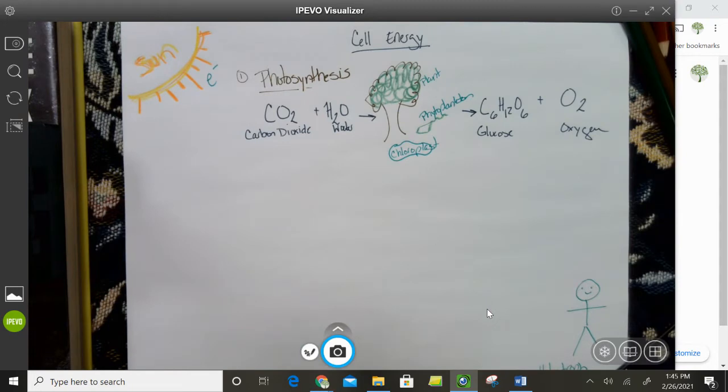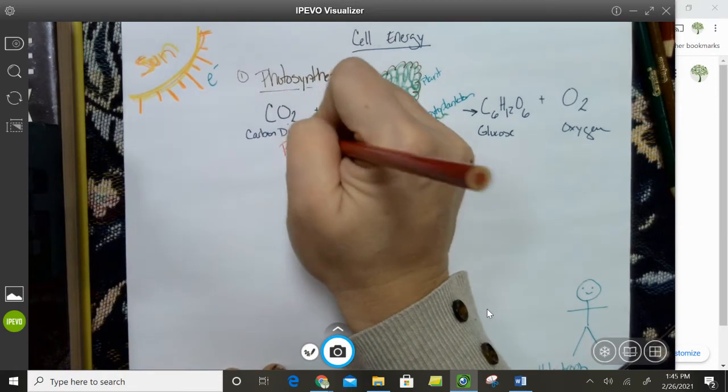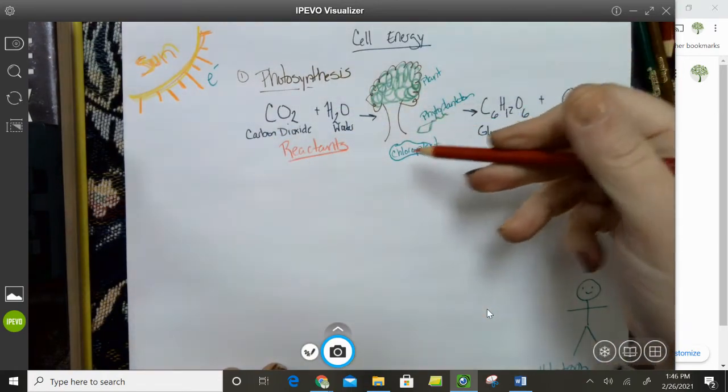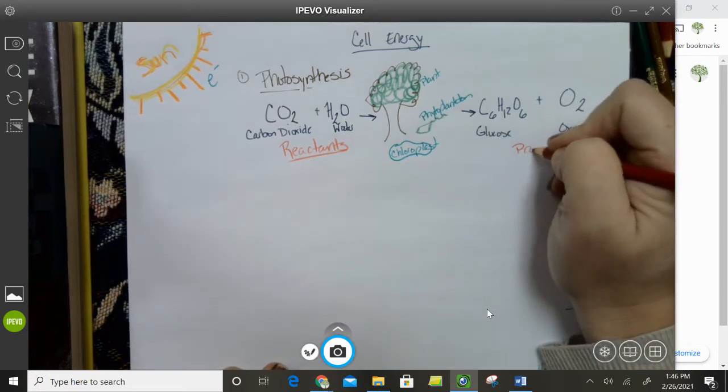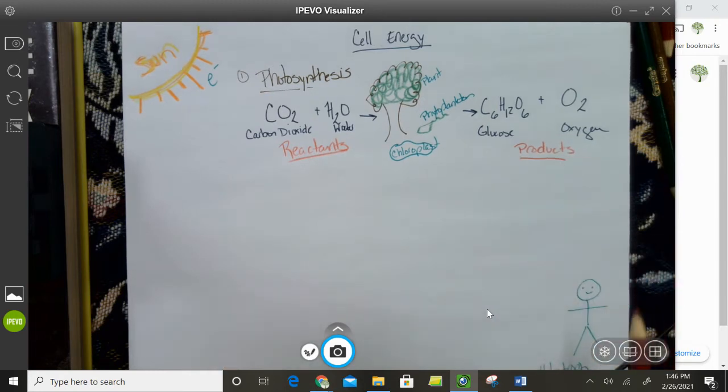Just a little reminder, these are called reactants because they react with each other to produce the products. So your reactants and your products.